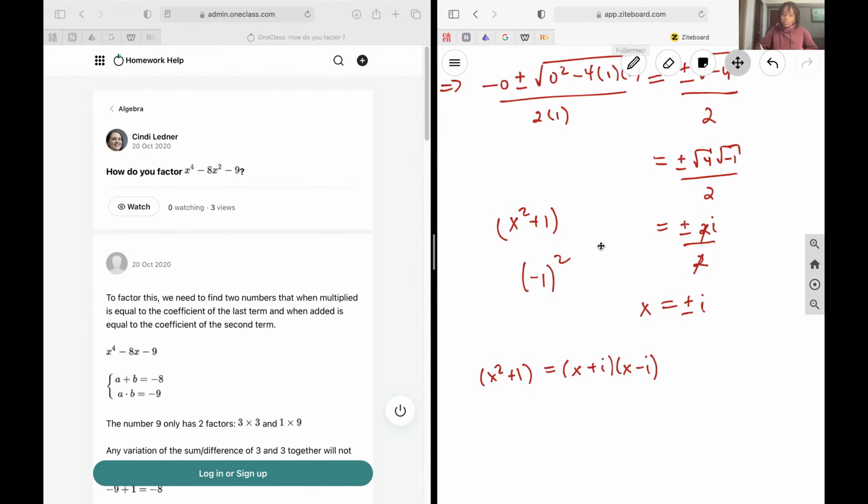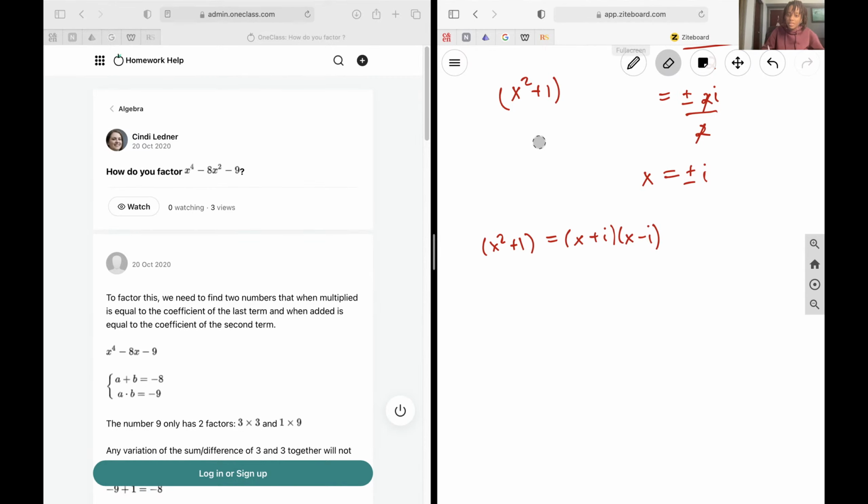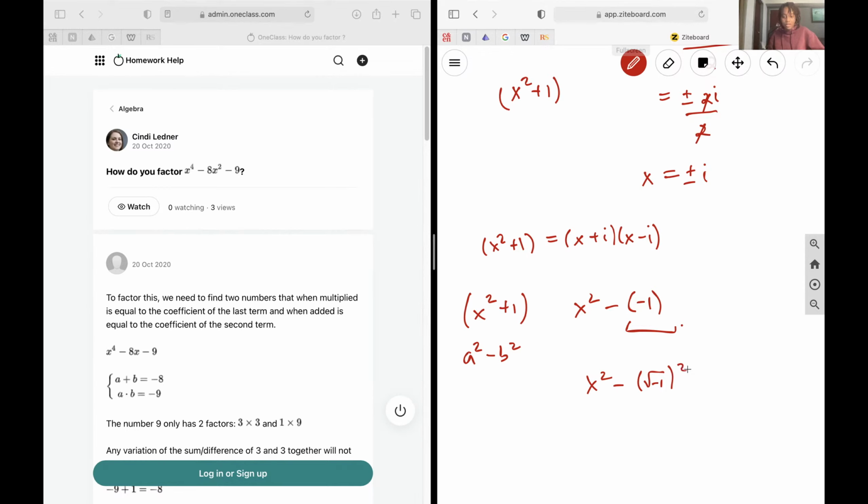And so let me just explain the quick way to get to this without having to do the quadratic formula. So I have x squared plus 1, and I recall that the difference of squares says a squared minus b squared. And so I can rewrite this in this form as x squared minus negative 1, right? And then this would have to be a square. And so I can write it as x squared minus the square root of negative 1 squared.